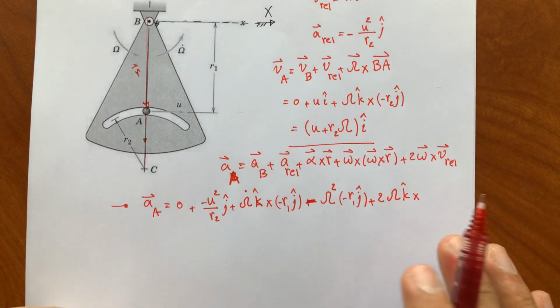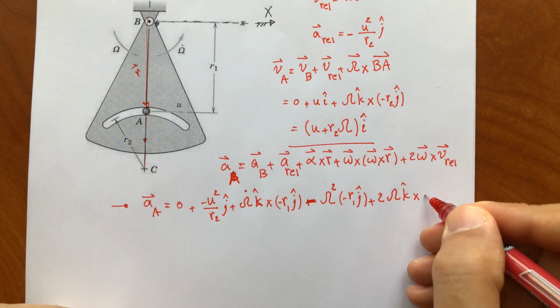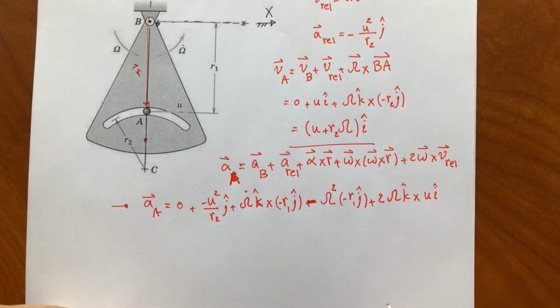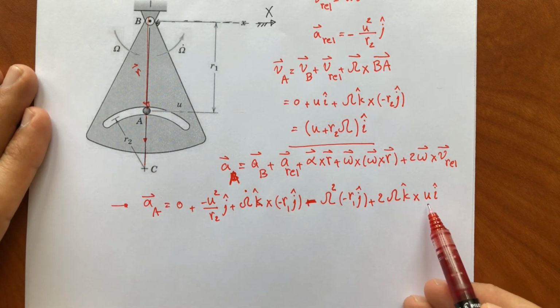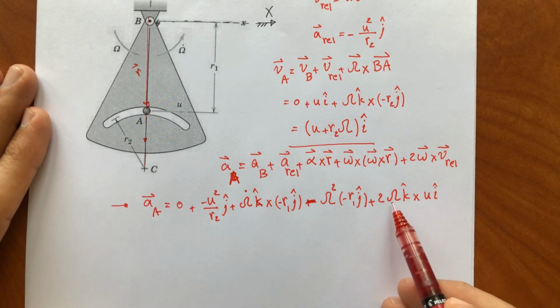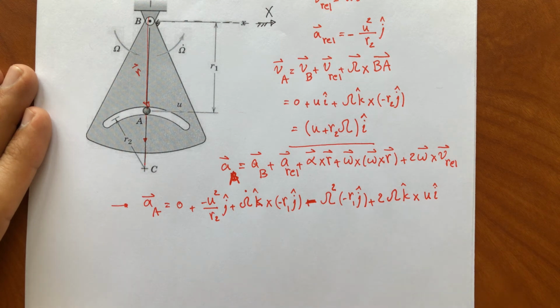It's u in the i direction. So we have only one cross product here, k cross i is j, so I'm going to have 2u times capital Omega in the j direction here.